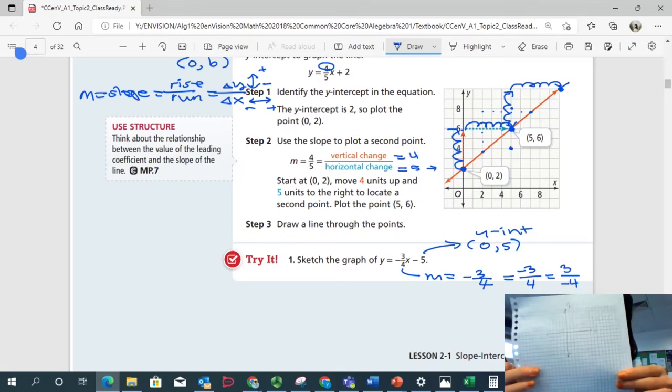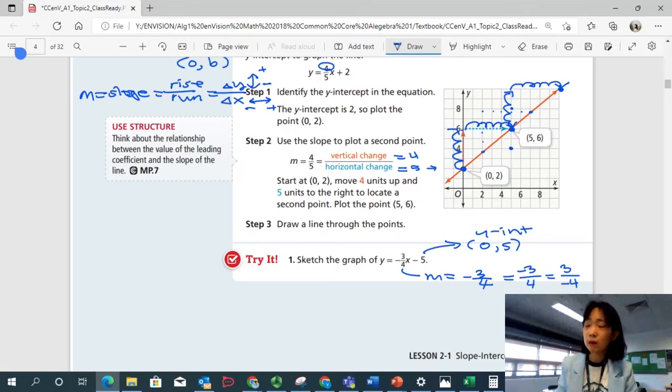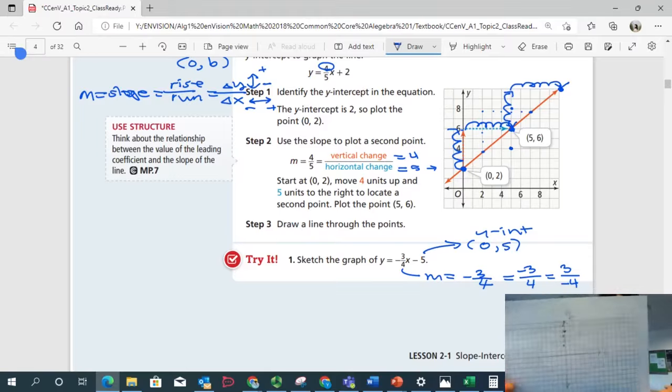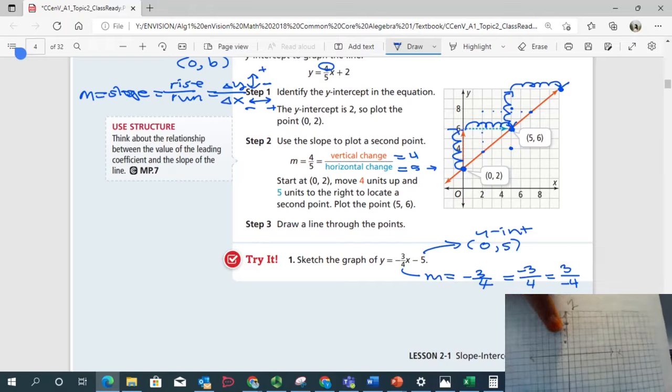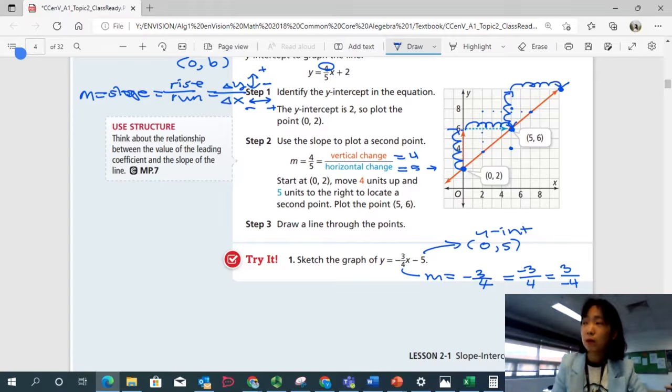So on my piece of paper, I'm going to start with (0, -5). Make sure you label your grids as well. 1, 2, 3, 4, 5, (0, -5). So that's my first point. You see that? That's my y-intercept. And then you're going to count your slope.